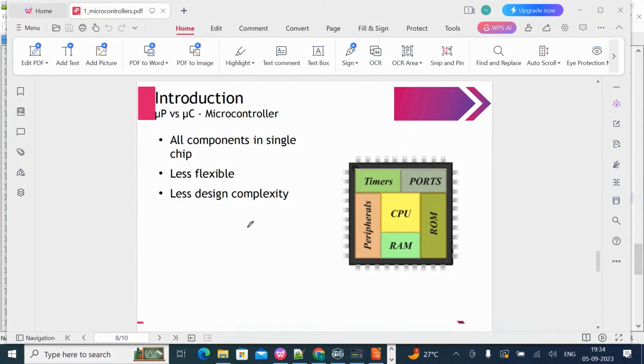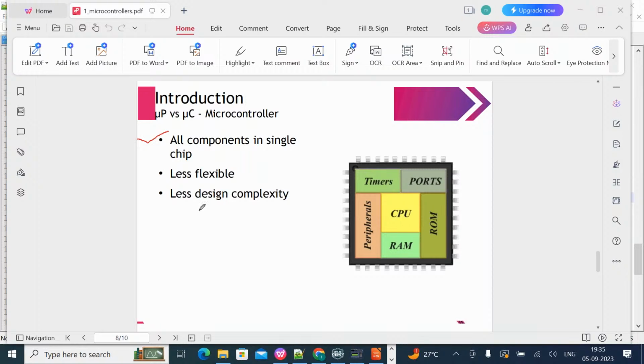No, big no. All components are integrated together, built into the chip. Within a single chip you can see your timer, ports, memory, CPU. Everything is together, built into the single chip.